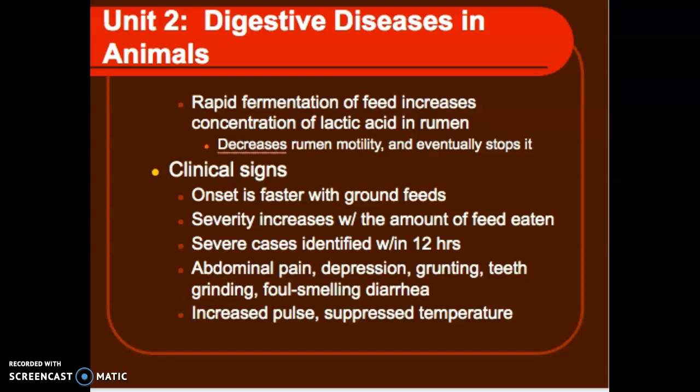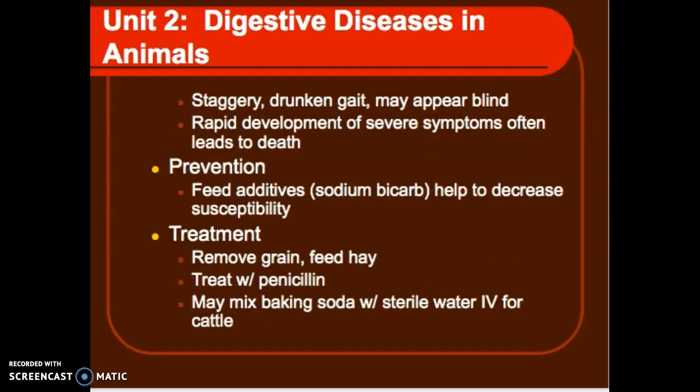Impaction in horses is oftentimes associated with colic, which we'll also talk about later on. But generally, it causes very, very severe abdominal pain. Animals will grunt or grind their teeth or have foul-smelling diarrhea just because things aren't moving appropriately. Sometimes lower body temperature than normal, amongst a number of other things that you can read on the slide.